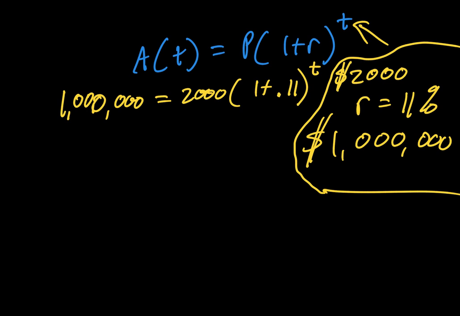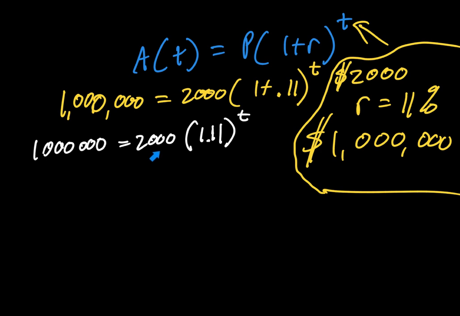Where do we start? I'm going to simplify what's inside the parentheses. But now I need to solve for t. Working it like algebra, we always work outside in, away from the variable. The thing that's farthest away from the variable is the 2,000. What is the 2,000 doing? The 2,000 is multiplying. So I will divide both sides by 2,000.